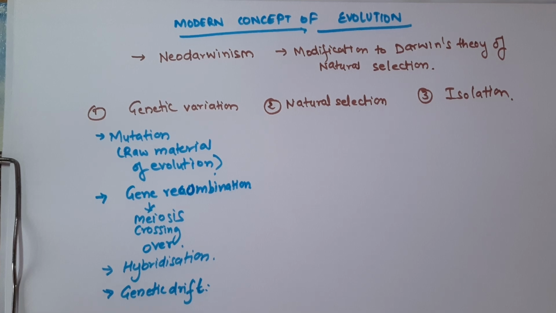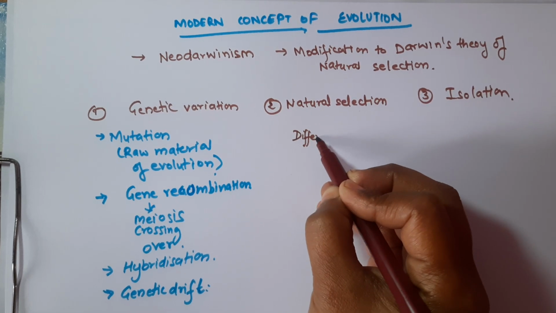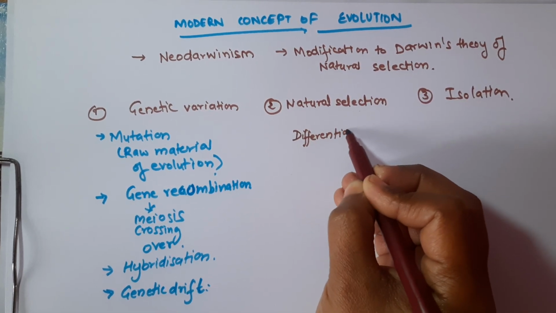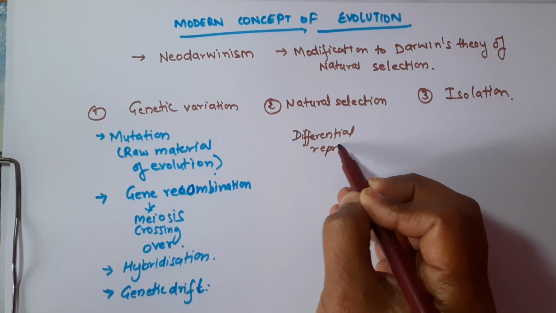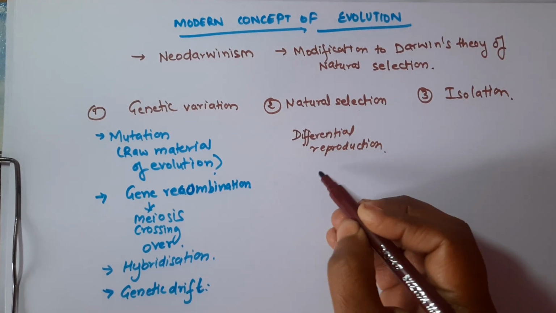and ultimately to the evolution. Next we are going to talk about natural selection. Natural selection occurs due to the differential reproduction. What is differential reproduction?